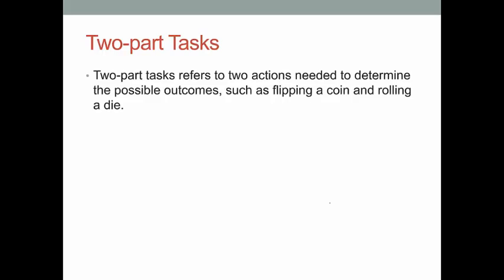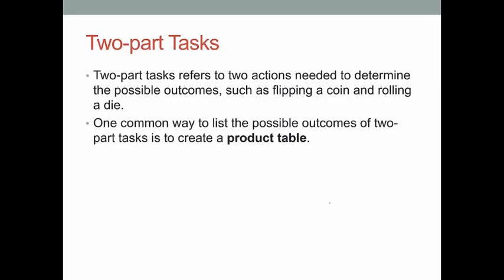Going a little bit trickier, we're going to talk about 2-part tasks. 1-part tasks, that was it. We're all experts at 1-part tasks, probably. 2-part tasks are a little more involved. This means we have 2 actions to determine the possible outcome. This would be flipping a coin and rolling a die. There are various ways that we could represent all of these, because we could just list out the possible outcomes.